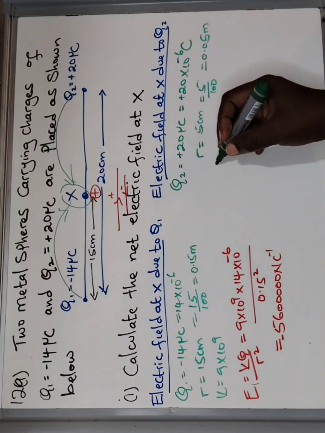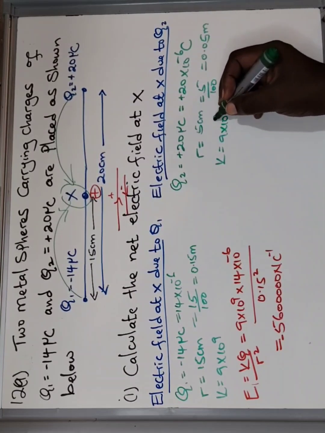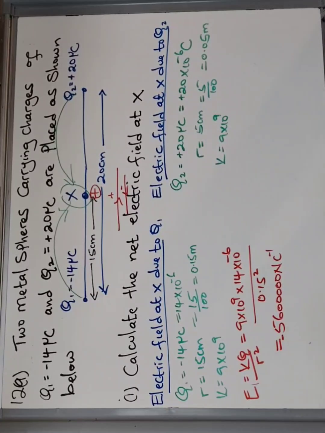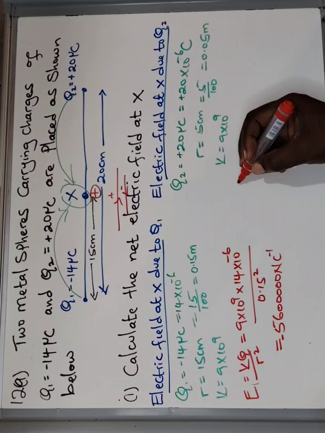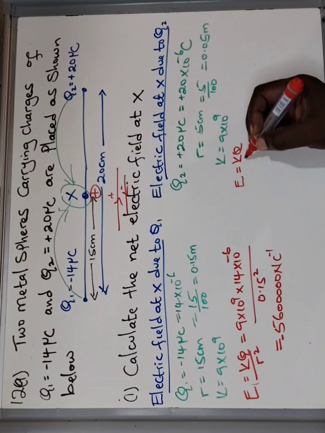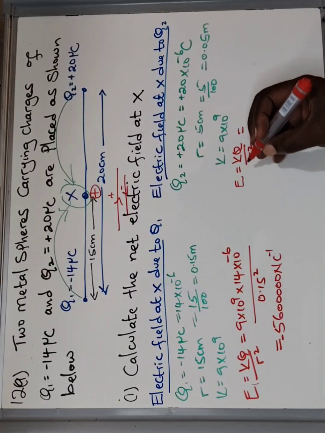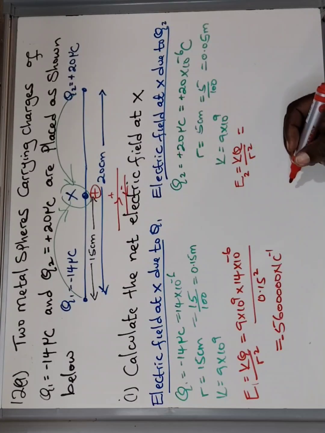We also know K. So from here, what is next? Next is our equation, which says that E is equal to KQ over R squared. And this is supposed to be E2.